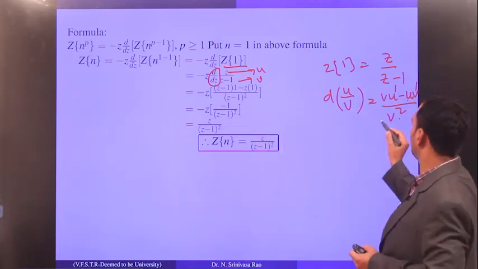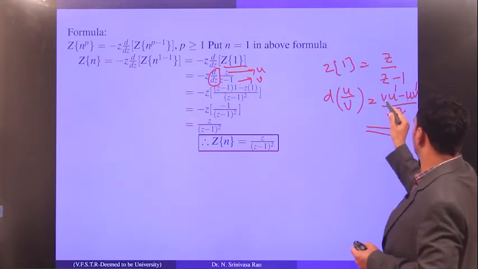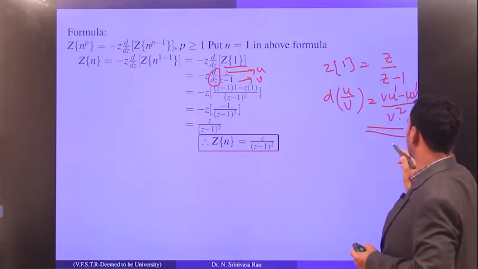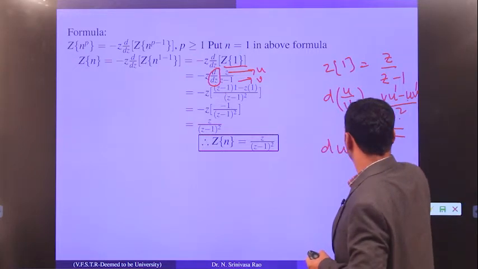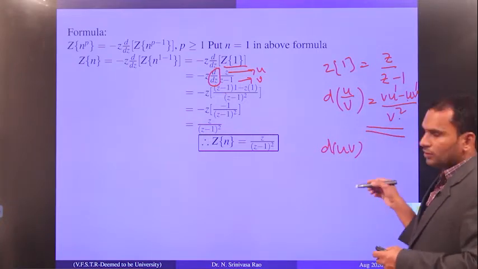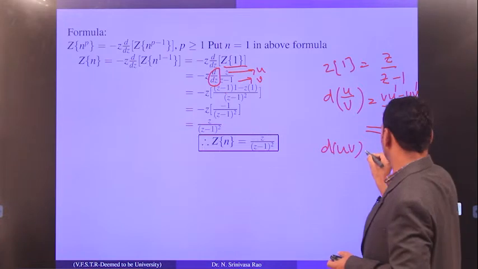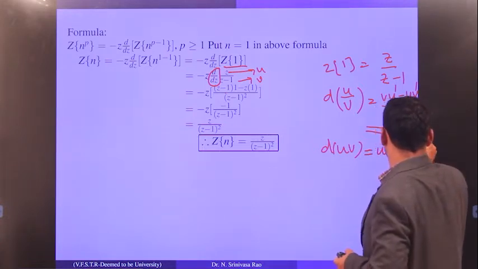This is a very important formula you have to remember always. So the derivative of u by v is v u dash minus u v dash by v square. Another one, the derivative of uv. Everybody knows this, but I am recalling it once again. The derivative of uv is u v dash plus v u dash.